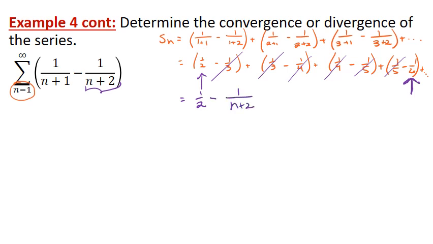It's nice to be able to simplify this, because now if I apply the limit that we've been talking about, we can see that as n goes to infinity, the denominator is increasing faster, so this approaches 0, leaving me with 1/2. So in this case, we will say that this series converges.